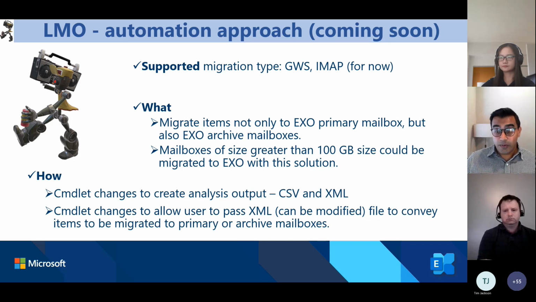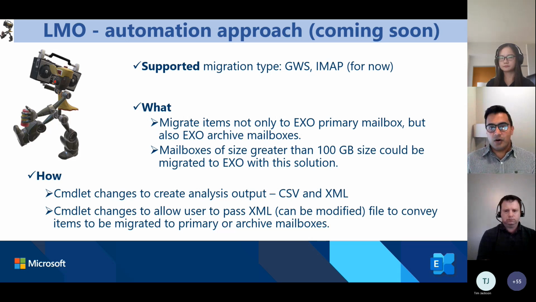We want to learn from what we're doing, and we are modifying an existing commandlet, which gives us two functionalities. One, the ability to understand the source mailboxes that you want to analyze. You may have 3,000 or 10,000 mailboxes, but you know as an admin that some of them are high. So you will input those details and pass them into the commandlet.